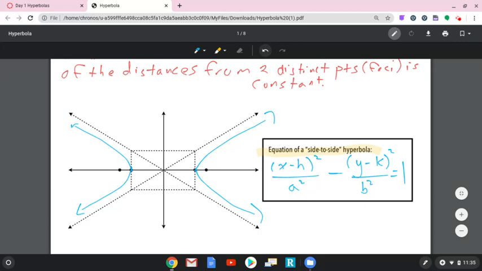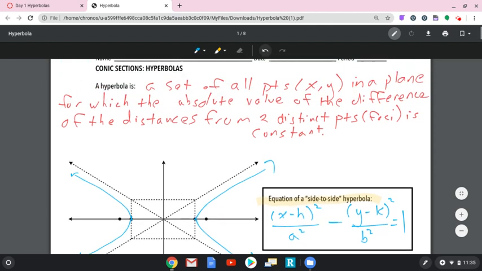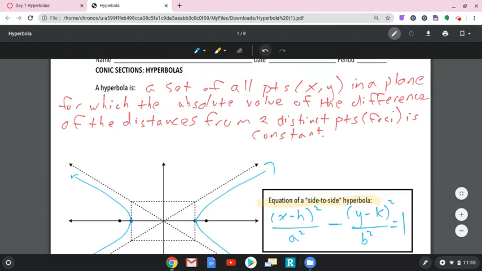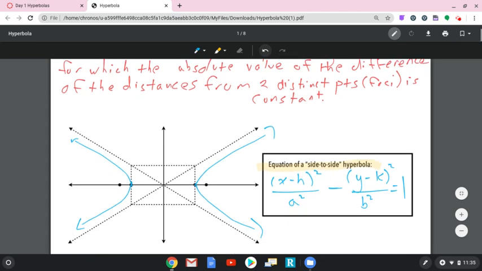Now, we're going to go over a couple of things. When the definition talked about a set of all points x, y in a plane for which the absolute value of the difference of the distances from two distinct points, the foci, is constant. Well, if we look here, this is foci 1, and this is foci 2.